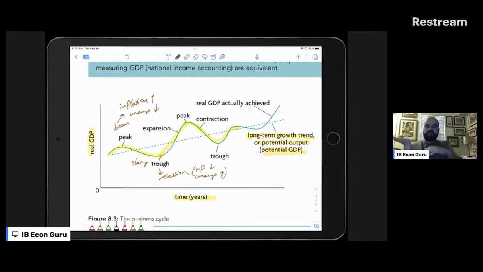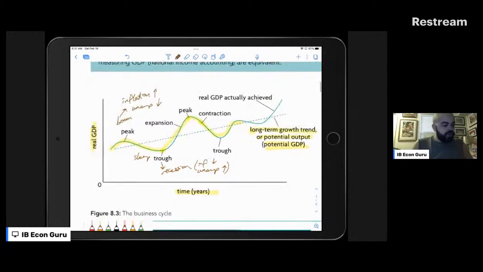So this is to prepare you for what's coming next. Economies are either experiencing periods of inflation or periods of recession. During periods of inflation, the unemployment rate is low, but the inflation rate is high. Economic activity rate is high. Economic growth rate is high. During periods of recession, economic growth rates are low, unemployment rates are high, inflation rates are low.